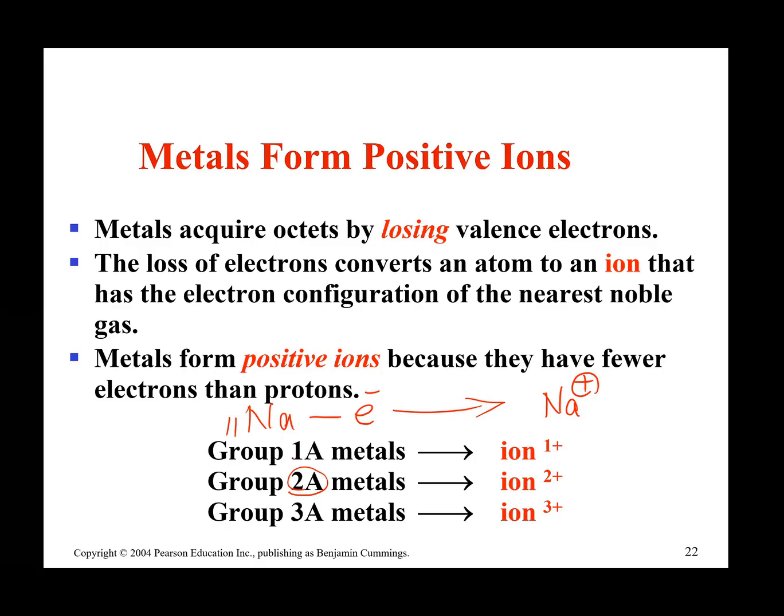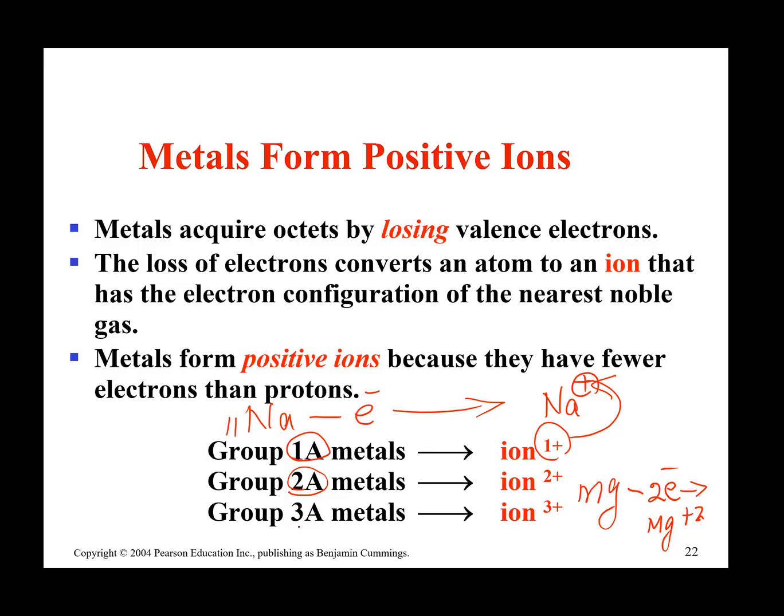See, sodium is in group 1A, and the charge of its ion is +1. What if I look at magnesium? If magnesium is reacting, it's in group 2A. It has to lose 2 electrons. Then magnesium will make Mg+2, not Mg+1.